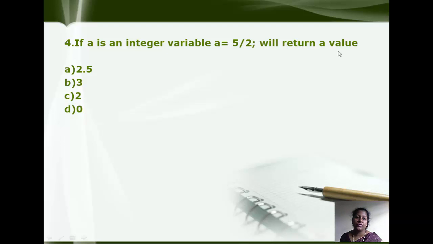Option A is 2.5, option B is 3, option C 2, option D 0. 5 divided by 2 is equal to 2.5, but remember that A is stored as an integer variable, so the decimal part gets truncated automatically, so A will store a value of 2. So the right answer is option C. We'll move on to the next question.